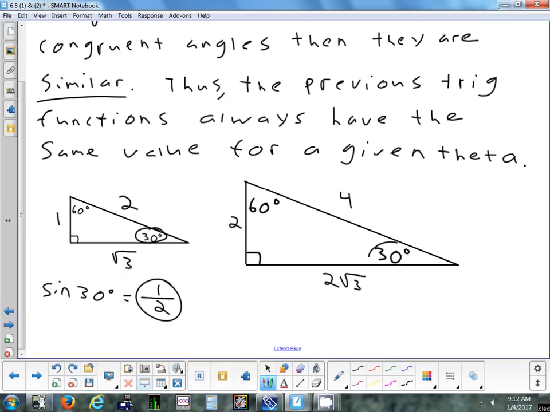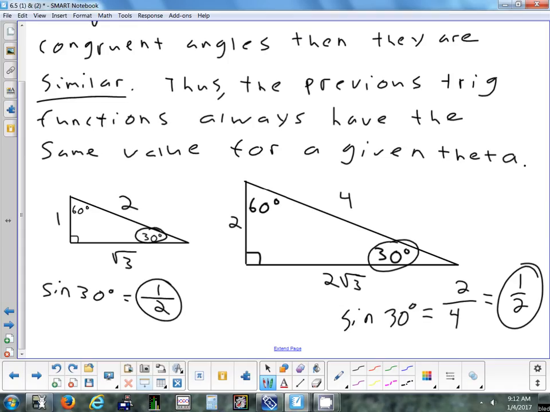Now let's do it in the big triangle. What side is opposite 30 here? 2. And the hypotenuse? 4. But what is 2 over 4? It's 1/2. So what I'm trying to show you is that it doesn't matter the size of your triangle. The sine of 30 is always the same answer, whether you have a big triangle or a small triangle.